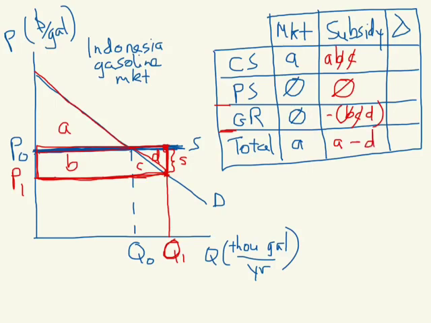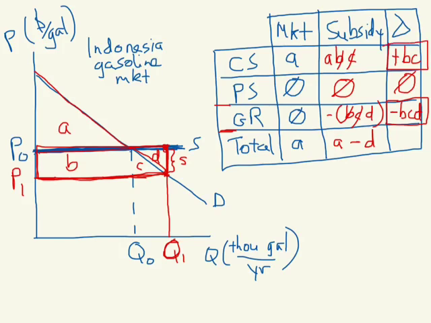And we can look at who wins, who loses. Consumers have gained area BC, so there's more consumer surplus, and consumers of gasoline win. Producers, no change. But the government revenues, and that's taxpayers at large, have lost B, C, D. We notice that what taxpayers have to pay in to support this program, that's BCD, is bigger than the consumer surplus gains that are enjoyed because of this subsidy.